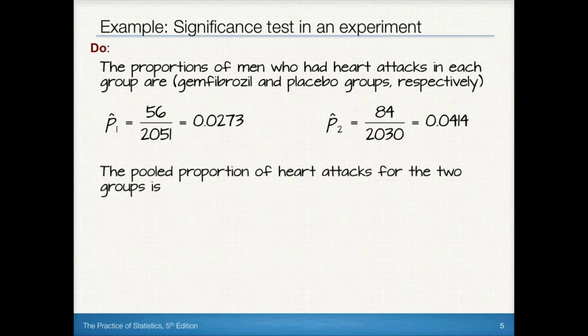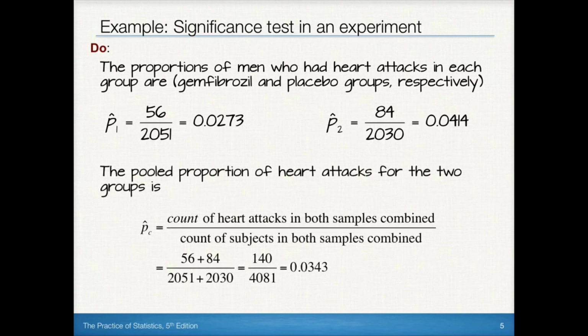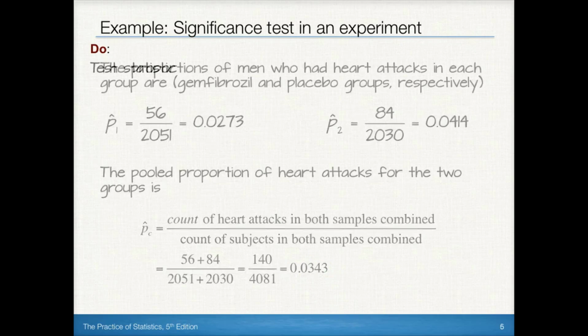Now, our pooled proportion of heart attacks can be found by taking the count of heart attacks in both samples combined divided by the count of subjects in both samples combined. In this case, a total of 140 individuals had heart attacks out of the total of 4,081 in the actual experiment. That's a pooled proportion of 0.0343.